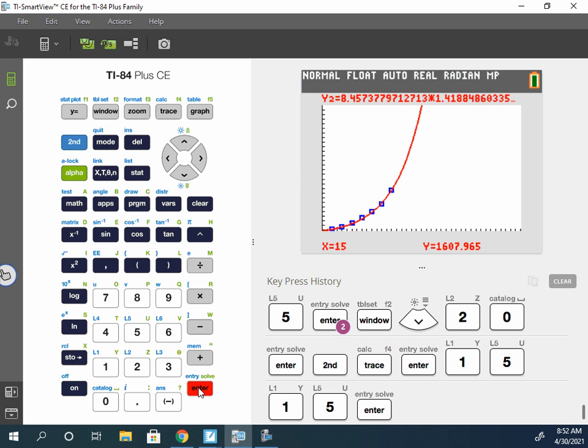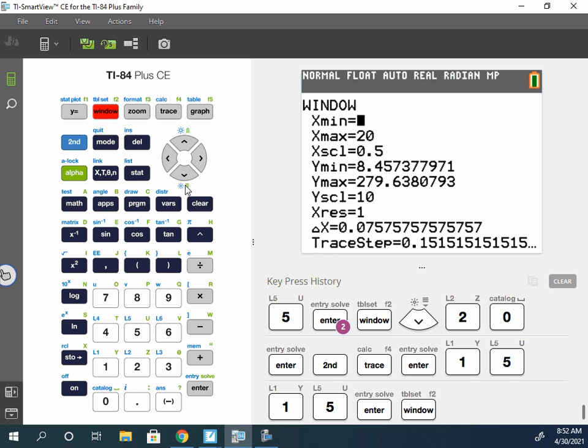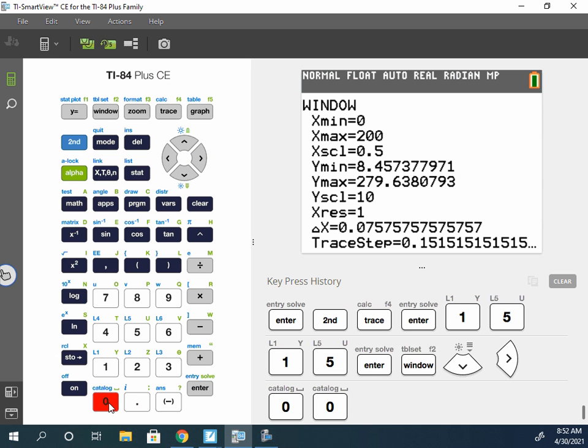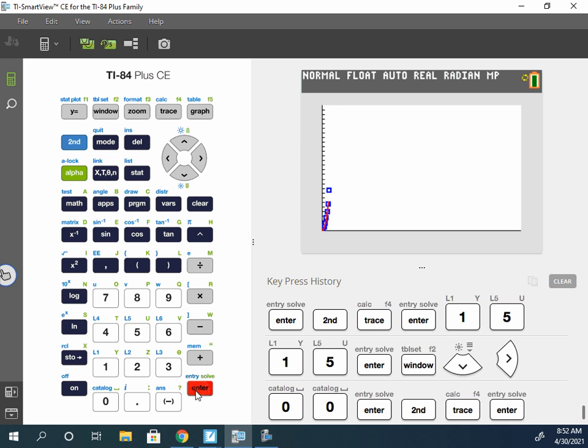So after 15 years, he is supposed to have sold 1,607 trampolines. That's a little excessive, isn't it? Second trace value.